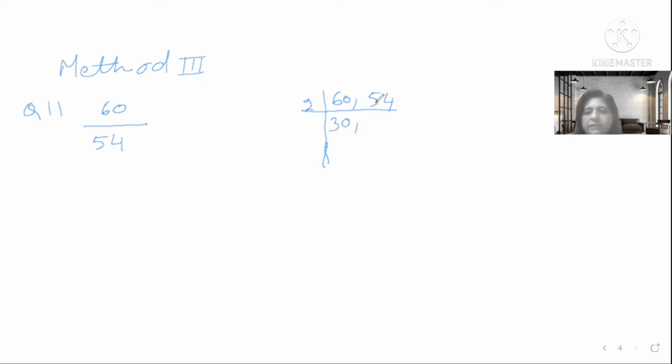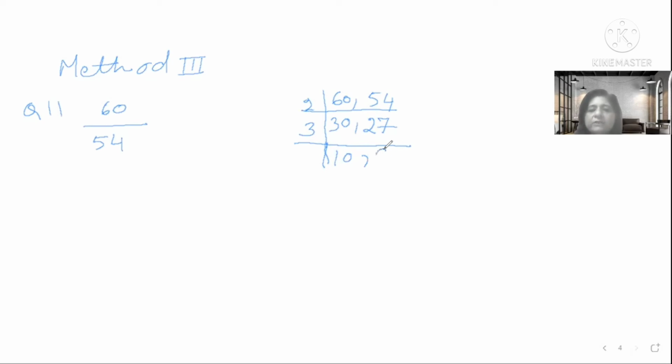So here what we get, it is divisible by 2. So 30 into 2 is 60 and 54 divided by 2, here we get 27.